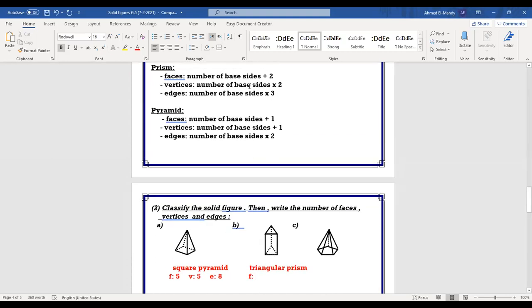You must know these formulas please for the prism and the pyramid. Okay, plus 2. 3 plus 2 equals 5. How many vertices? We multiply by 2. 3 multiplied by 2 equals 6. To find the edges, multiply by 3. 3 multiplied by 3 equals 9. Okay, thank you.